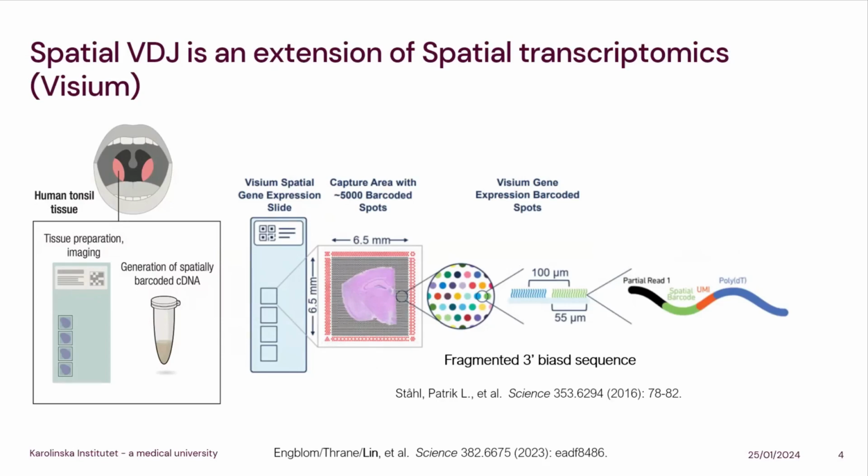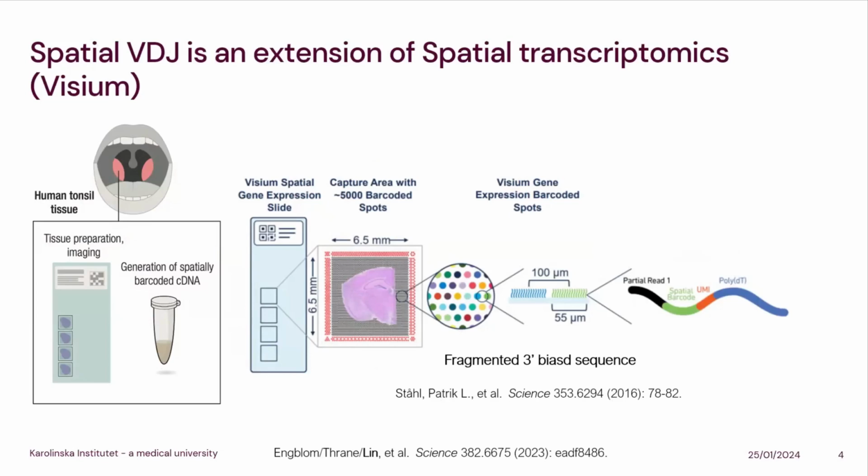But the limitation of this approach is that we fragment the cDNA library into short parts, and we only sequence the 3' end of this library, which means we lose most of the VDJ sequence, and we cannot call the clones from the spatial data.